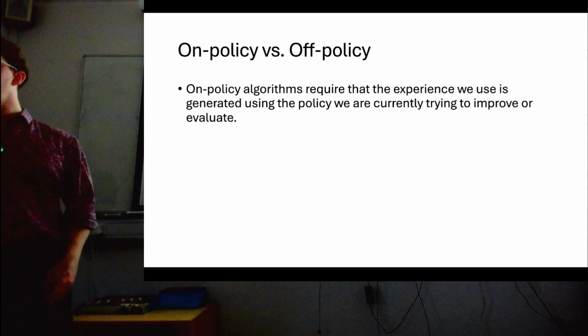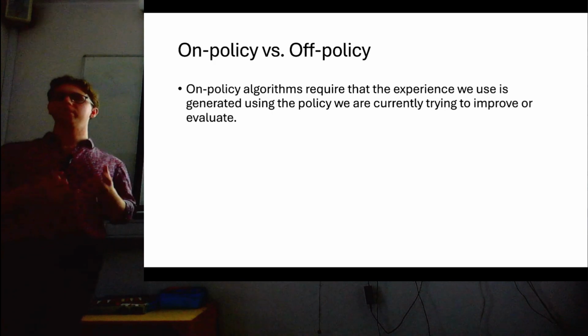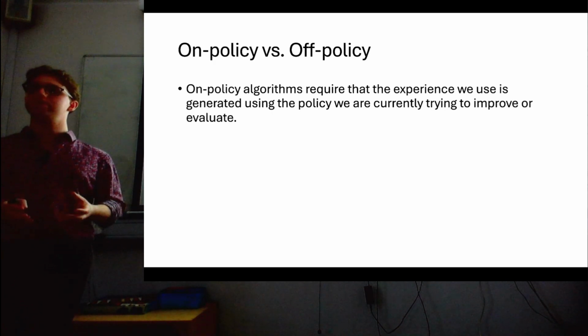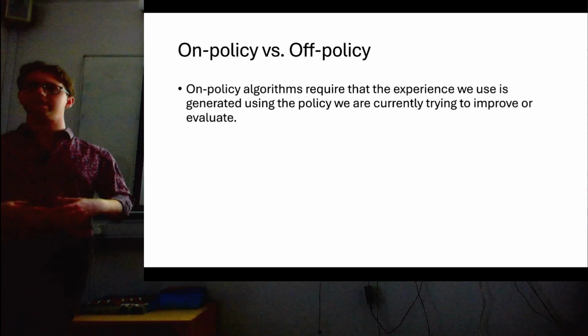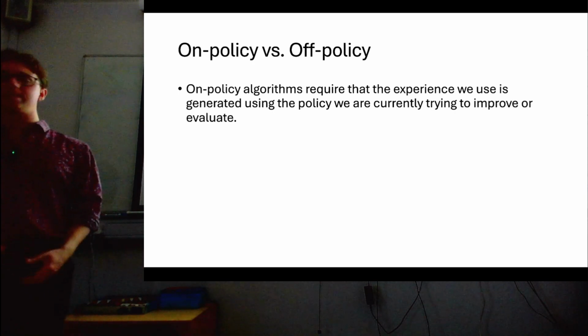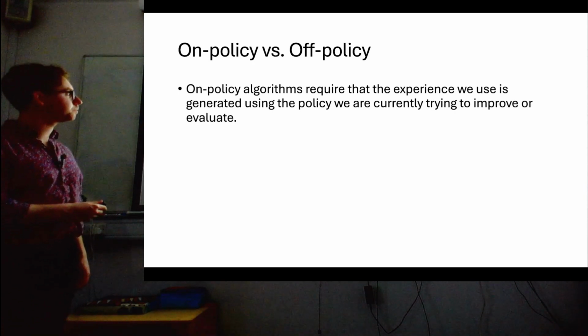So I have my current policy, I want to improve this one, and I can only use data that has been generated by that policy. This is what makes something on policy.